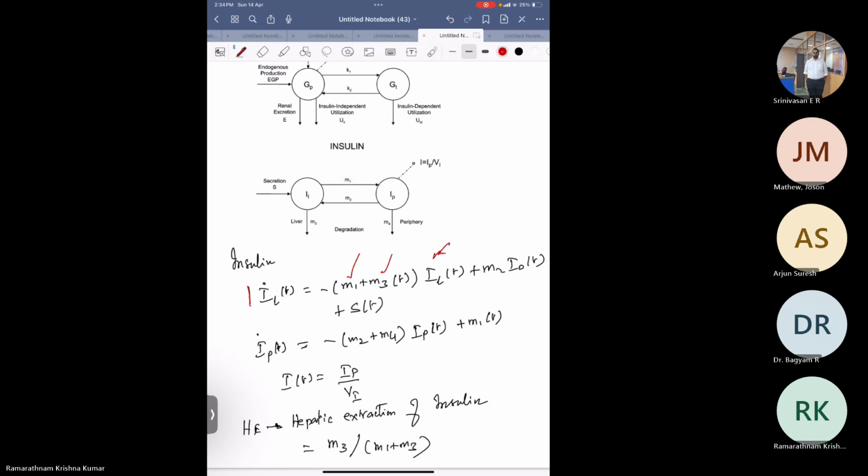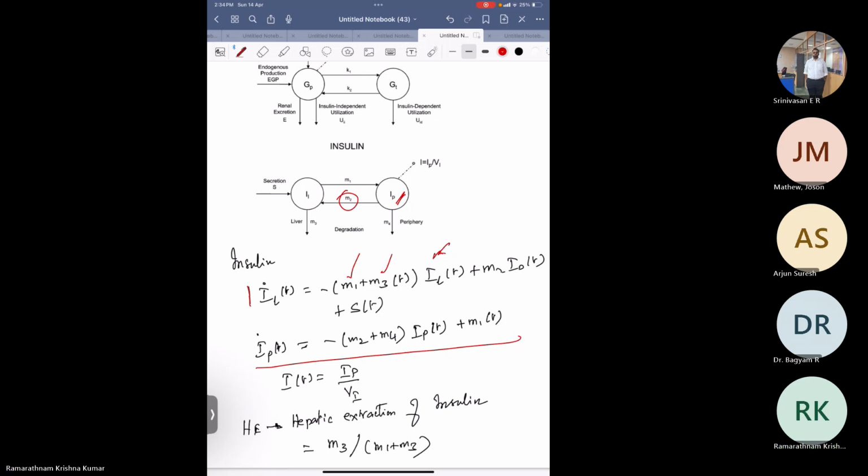What is going out of the liver, from the secretion and other things, is gained by the plasma, right? So this is the plasma glucose. Some amount is going back to the liver storage, which always happens.